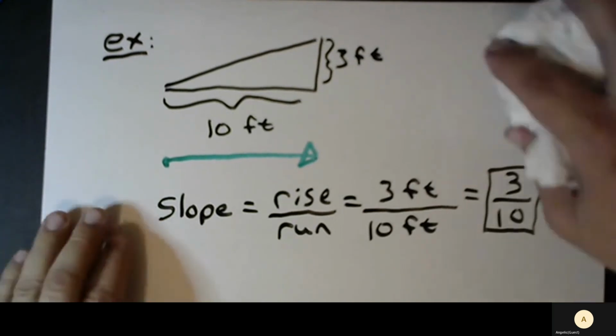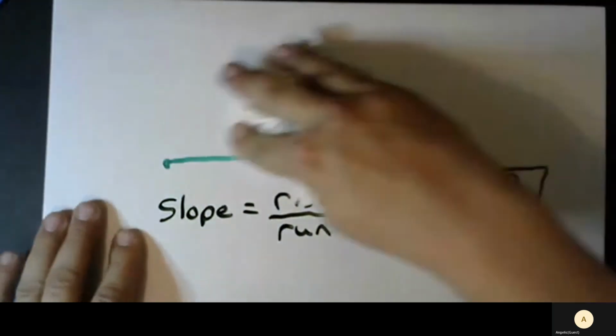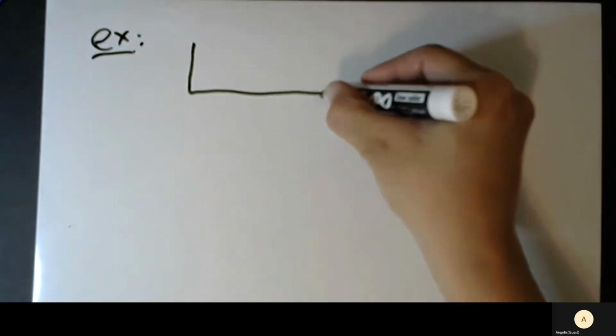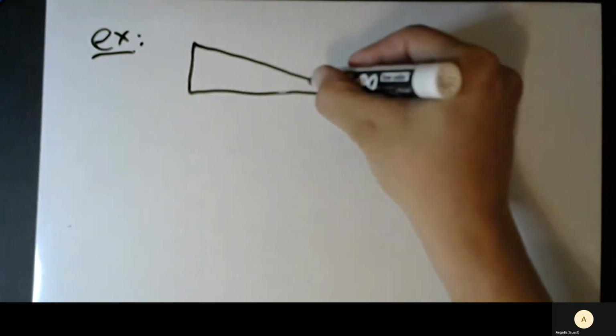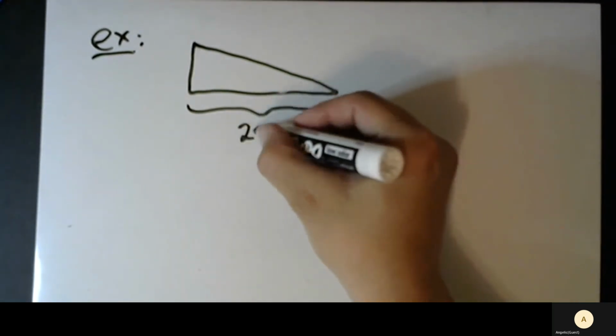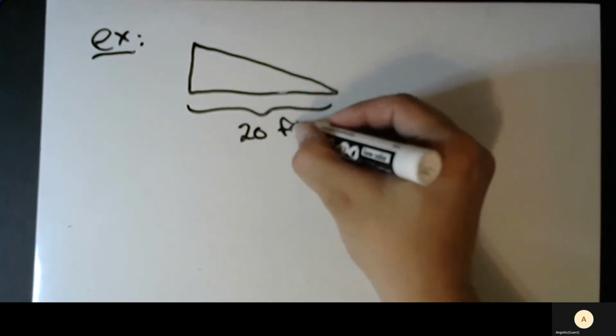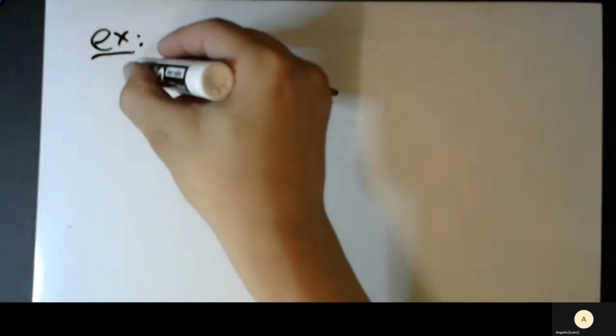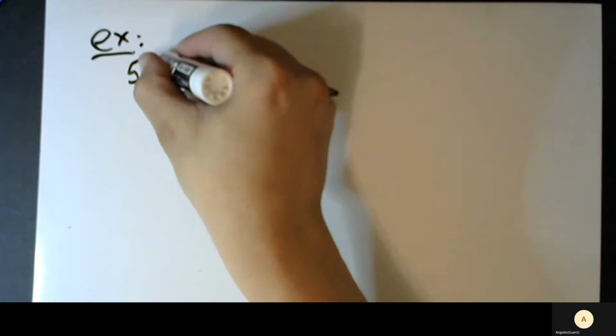So let's say we have a different ramp, and it doesn't have to be for things like skateboards or bicycles. We could be talking about a ramp you position behind a large truck. If you're going to unload a truck, you might see something like this. So this could be 20 feet, and this might be 5 feet.